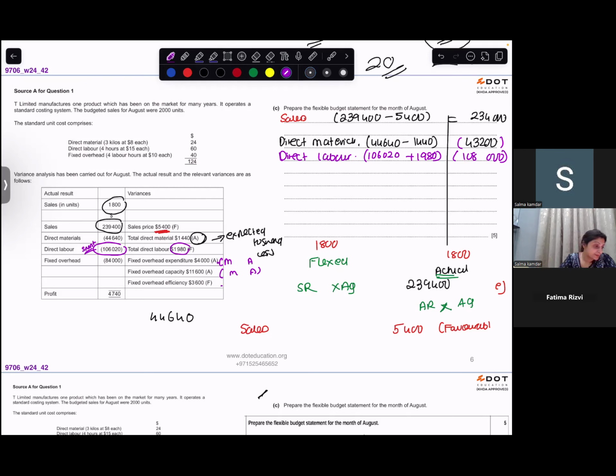So your fixed overheads would be 84,000 minus 4,000, minus 11,600, plus 3,600. That is 72,000.